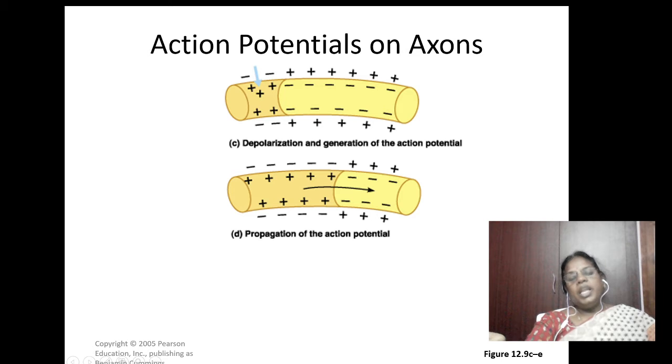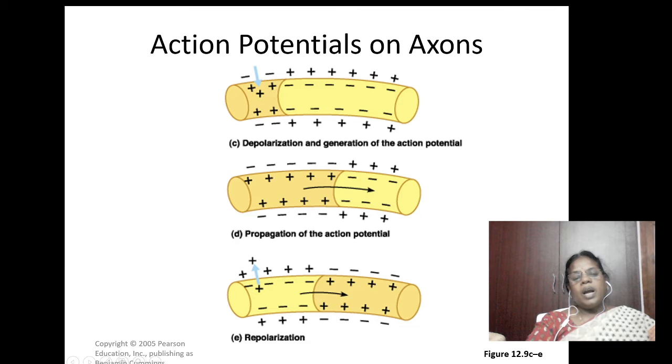Now the repolarization takes place. Here this is the repolarized part, and this one is the resting potential. Now comes repolarization. Repolarization means what? This part is the depolarized part, inside positively charged, outside negatively charged.